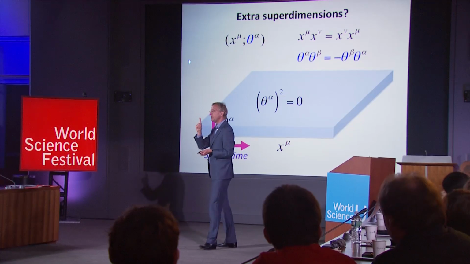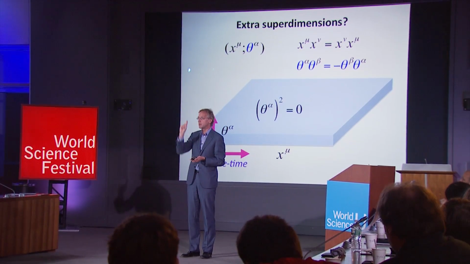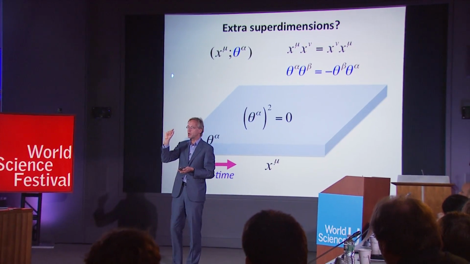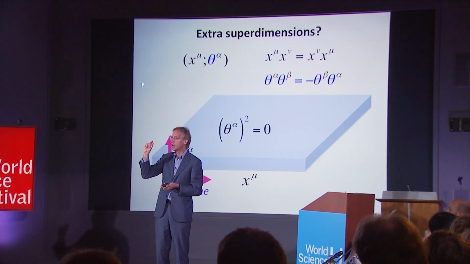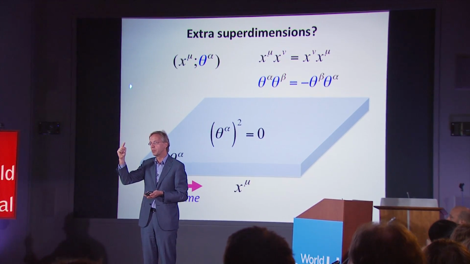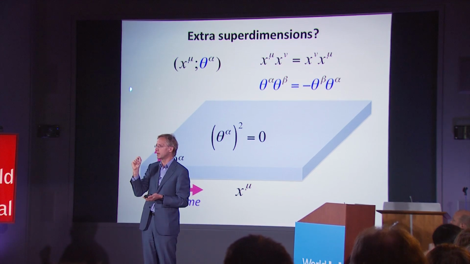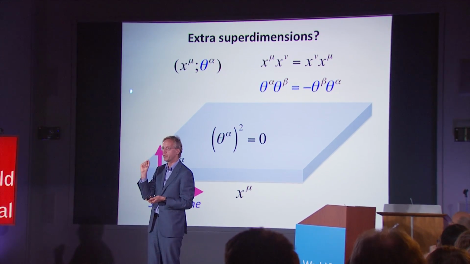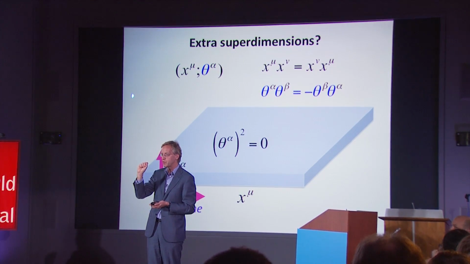So suppose we have an extra coordinate, which is a supercoordinate. It would be pointing away from space and time, but in a very funny way, because if something is anti-commutative, it basically squares to 0. It's almost like an infinitesimal in the old fashion of Newton and Leibniz: if you square it, it's 0.